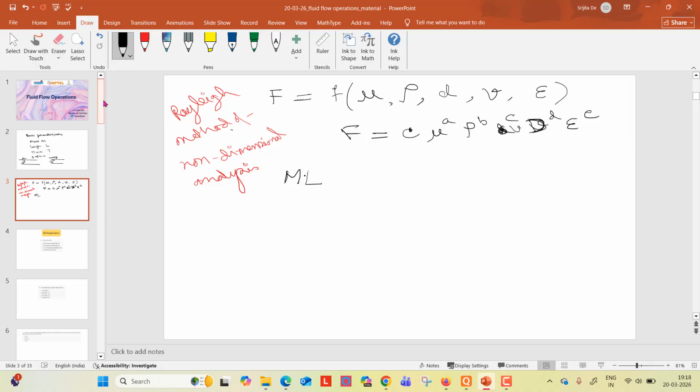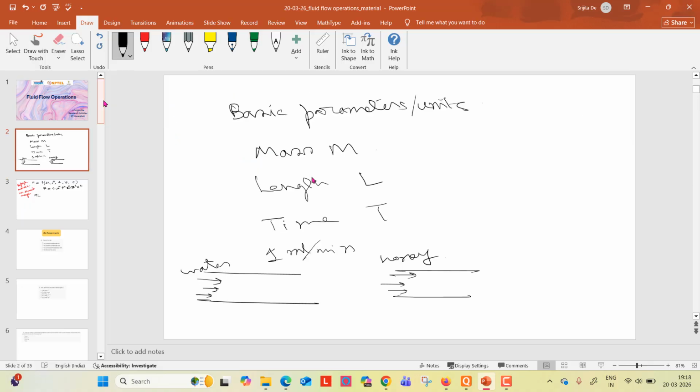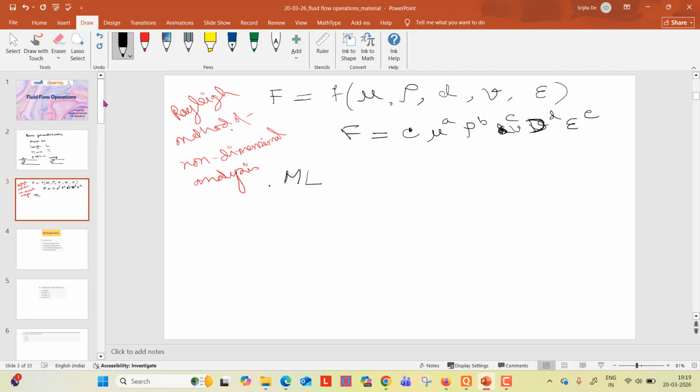I am taking those basic parameters, keeping it mass, length, and time only. I am not taking the auxiliary or convenient ones. So this is M L T to the power minus 2. C is a constant.